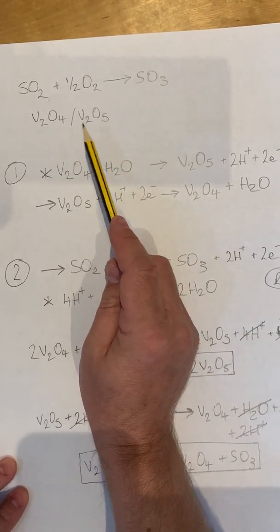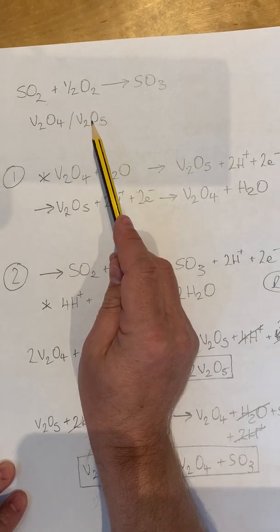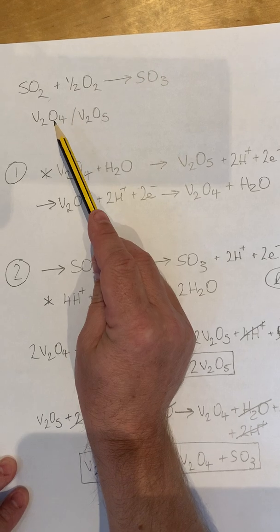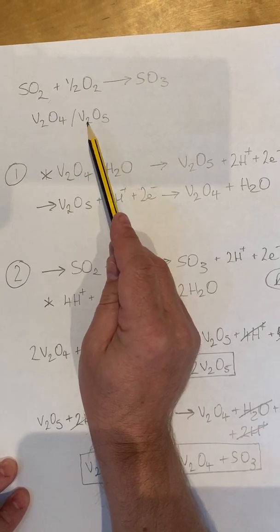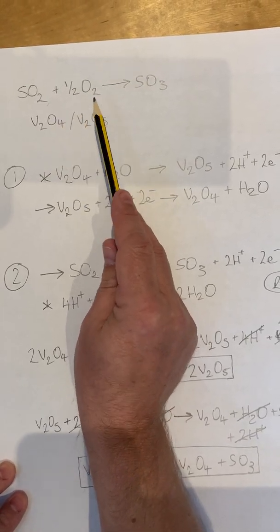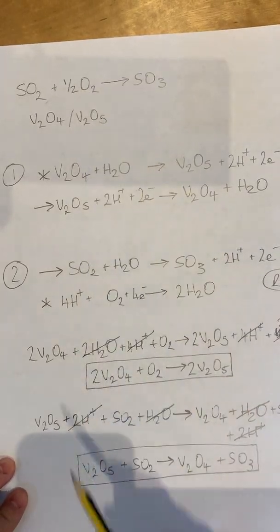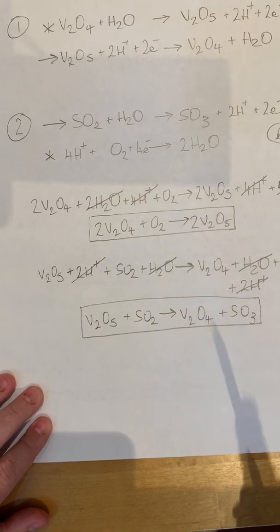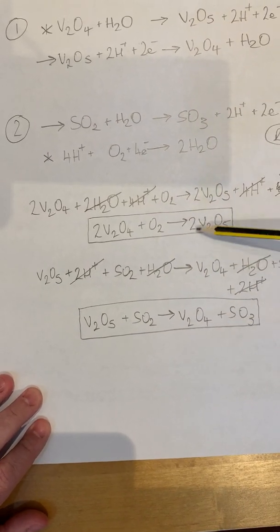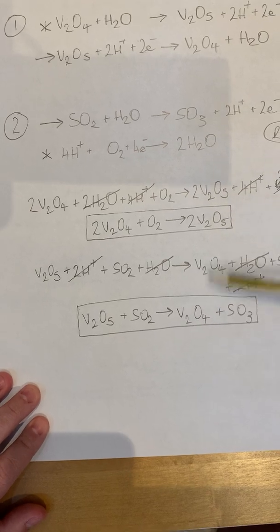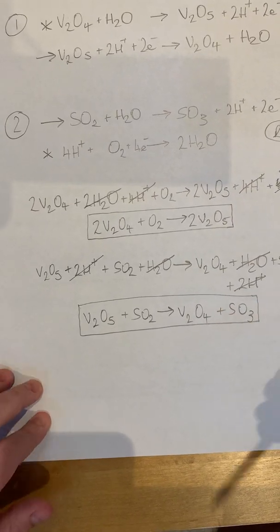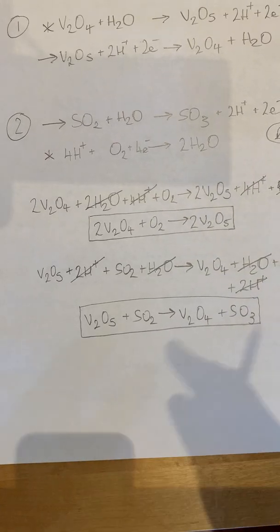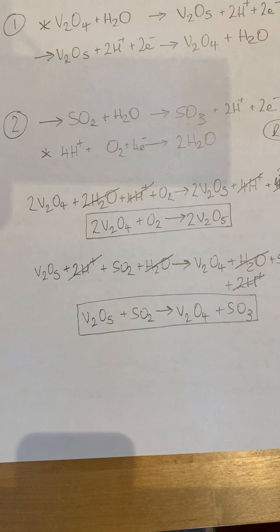But then to reform V2O5, because if V2O5 has turned into V2O4 and supplied an oxygen, it needs to turn back into V2O5, and it gets that oxygen from half a mole of oxygen molecules. So that one sort of makes sense. So it's up to you. You either learn these equations because they are part of the syllabus, or you can learn how to derive them. But this one, it's not too difficult to actually see once you've seen it all put together for you to actually reproduce it.